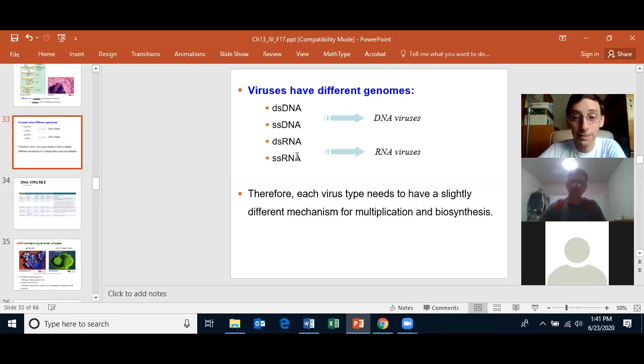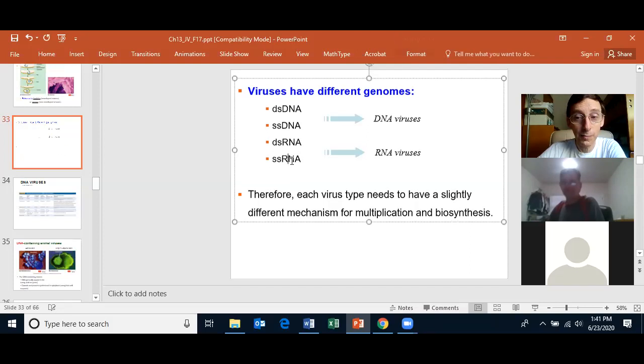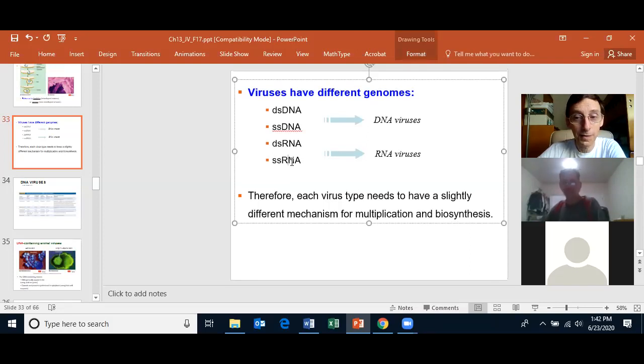Is that clear? I'll talk more about that later, but I don't want to talk about that in great detail here. Because this one is, well, it's just complicated, okay? But it follows the same pattern as single-stranded DNA, and that is you make a complementary strand to the single-strand RNA, and then you use the complementary strand RNA to make your genomic single-strand RNA. So each virus type needs to have a slightly different mechanism for multiplication and biosynthesis.